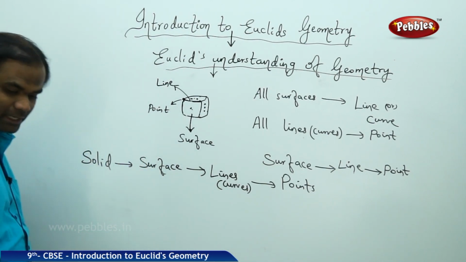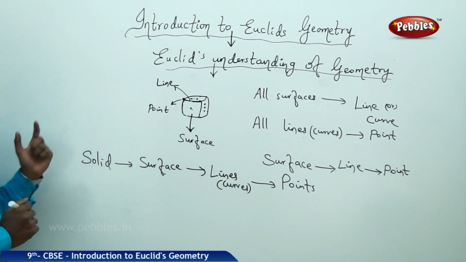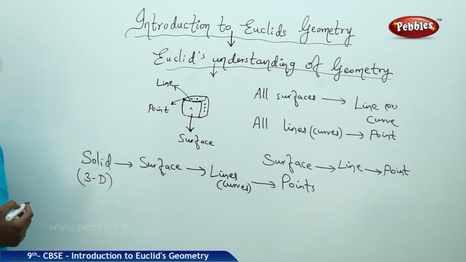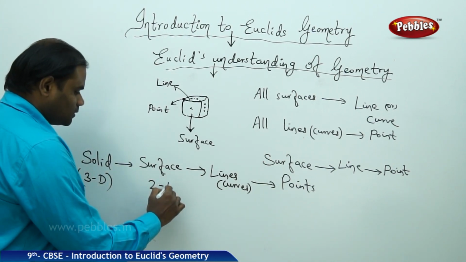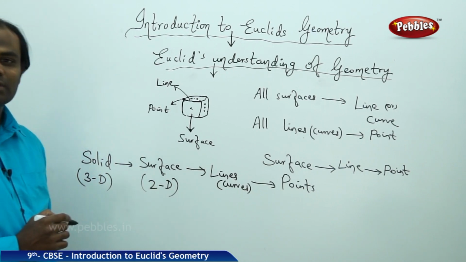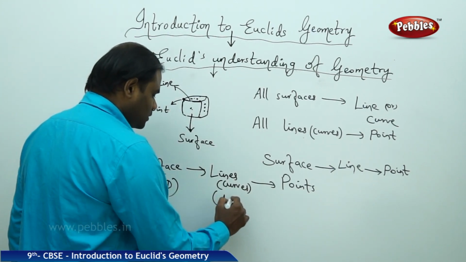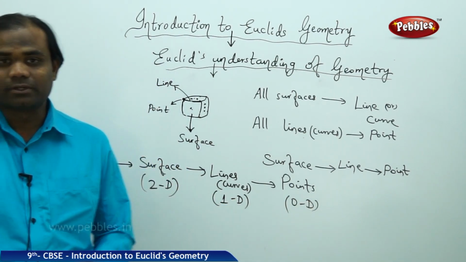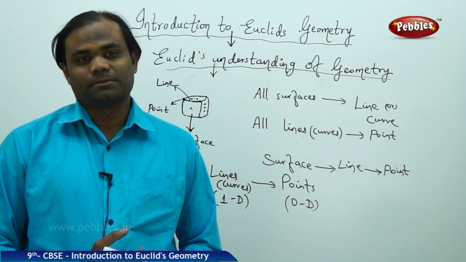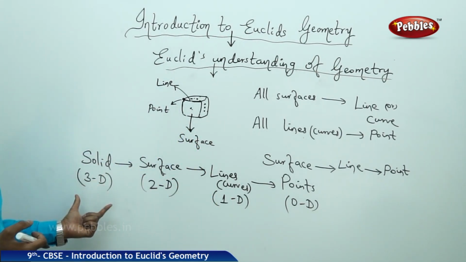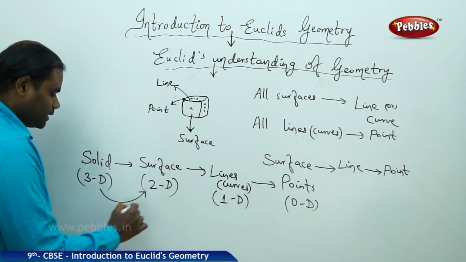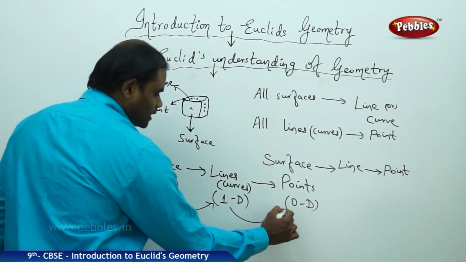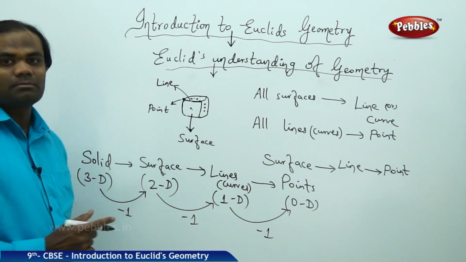Also, let's make the most important note in this case, that a solid is referred to as the three-dimensional structure. A surface is referred to two-dimensional structure, and a line is referred to a one-dimensional structure. A point is referred to a zero-dimensional or no-dimensional structure. The dimension of a solid is 3D, and as it goes here, it reduces by 1 unit, and as it goes here, it reduces by 1 unit, and as it goes here, it reduces by 1 unit.